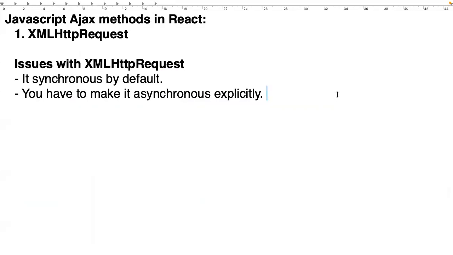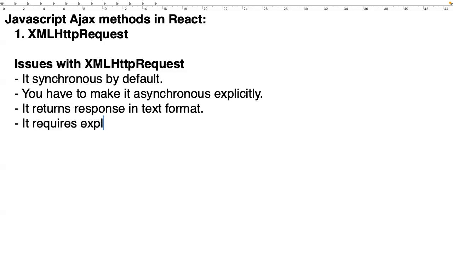Another problem is that it returns the response in text format. Always the response will come in text format. Then what do you have to do? It requires explicit conversions. You need to convert the data and then use it.